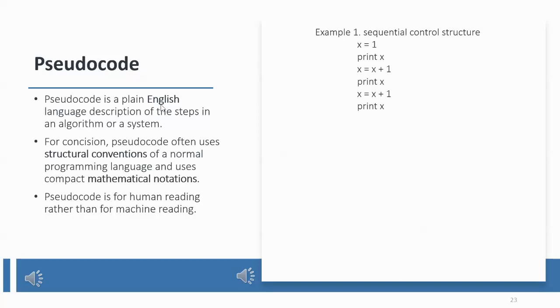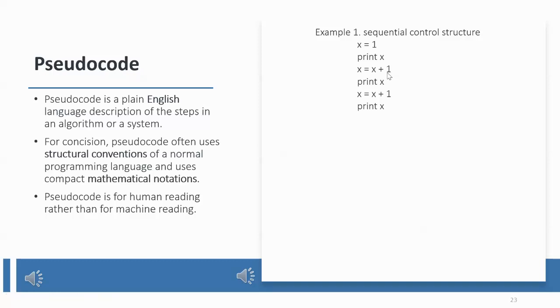For example, the first is an example of a sequential control structure. We just list the steps using pseudocode. And in the pseudocode, we use mathematical notations like x equal to 1, x equal to x plus 1.